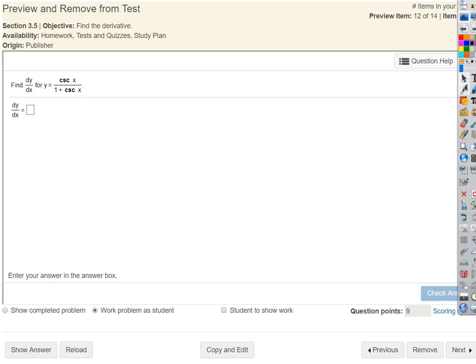So then y prime is going to equal bottom times derivative of the top. What's the derivative of cosecant? Cosecant, cotangent, but when we take derivatives of co-functions, we always get negative. Good, those are the negative ones.